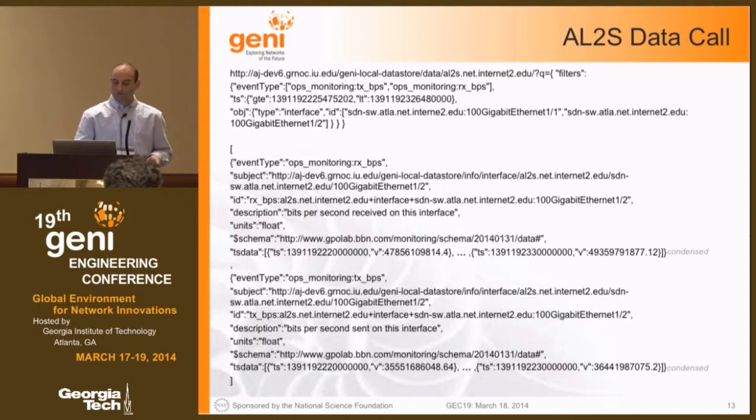They just need to transform it into the local data store API. This is a data query. Again, it looks just like I was saying, a JSON array with the first event type, RX BPS, and this is TX BPS. So it's an array of two different event types times object IDs.